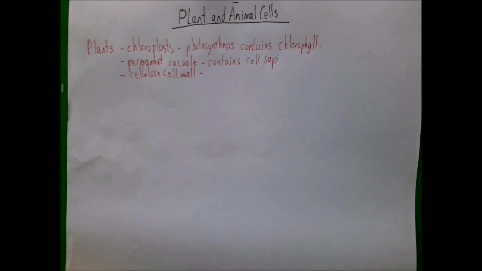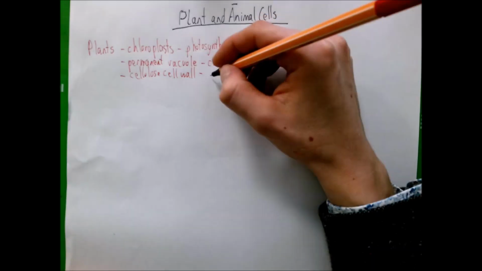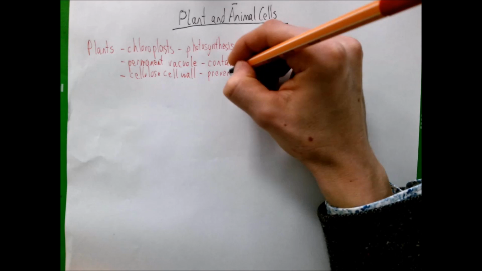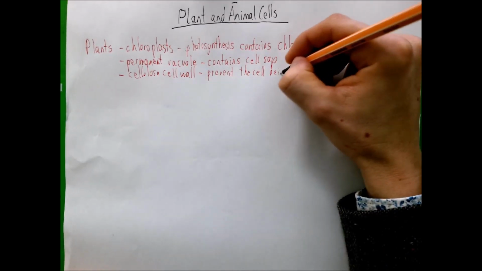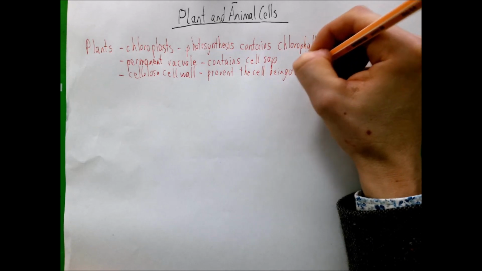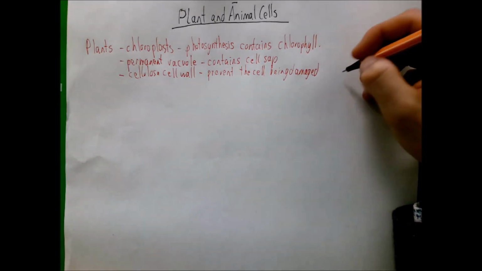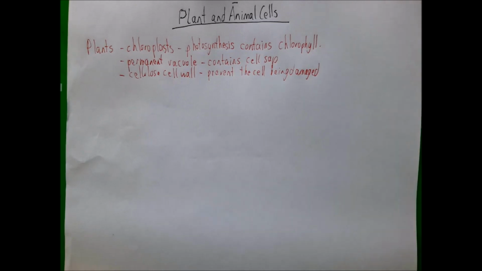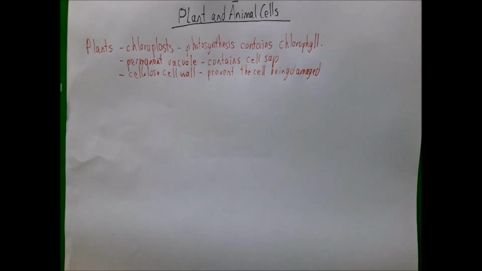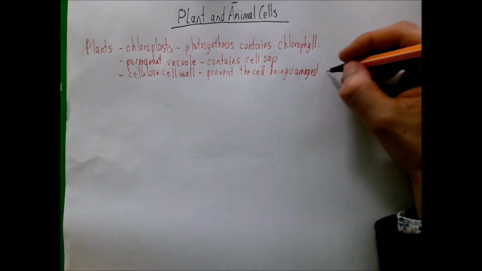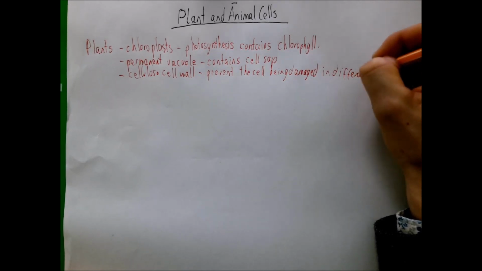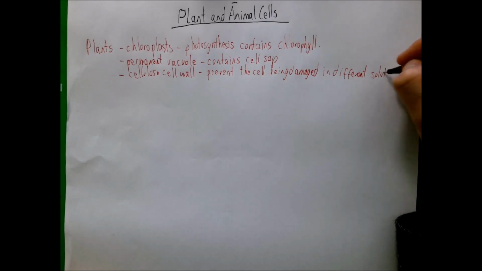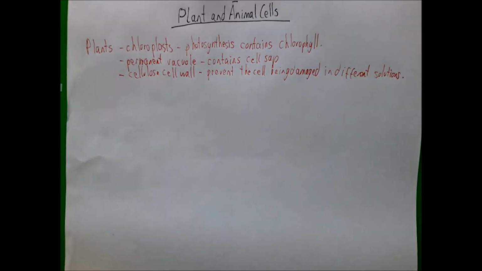So the cell wall is able to prevent the cell from being damaged in different solutions. It stops it from either bursting or losing its structure when it's placed in pure water or a very concentrated solution. Okay, so those are the parts that you only find within plant cells.